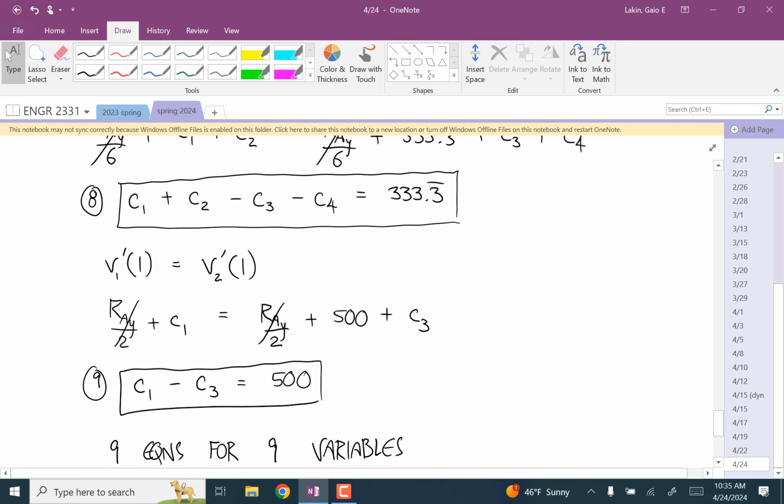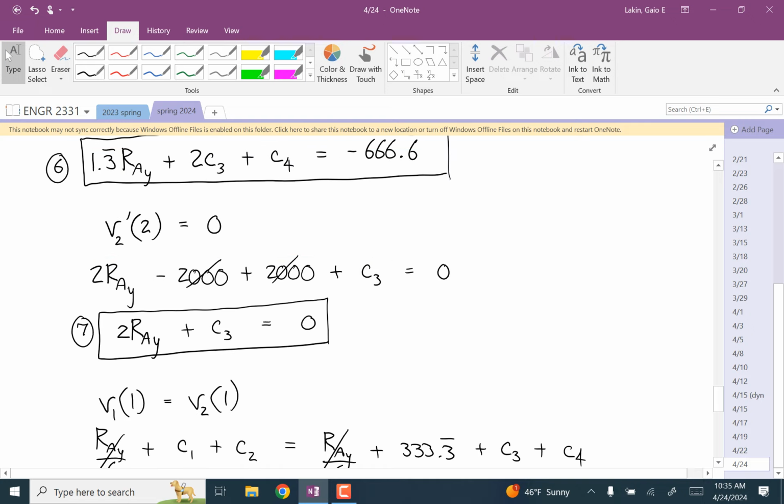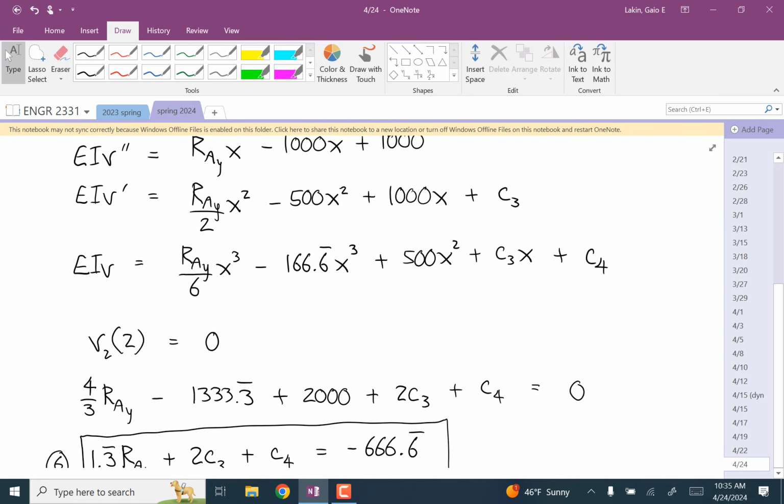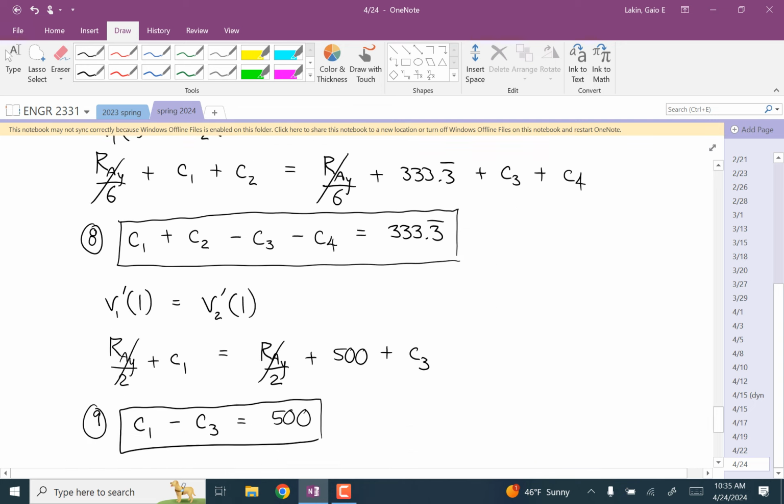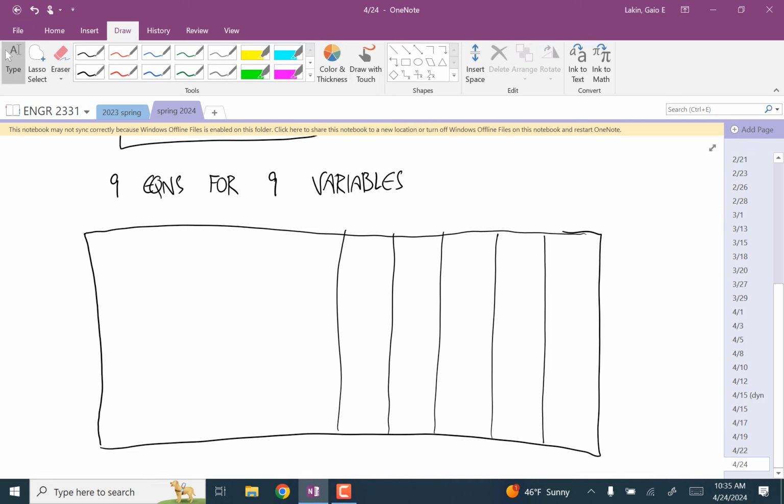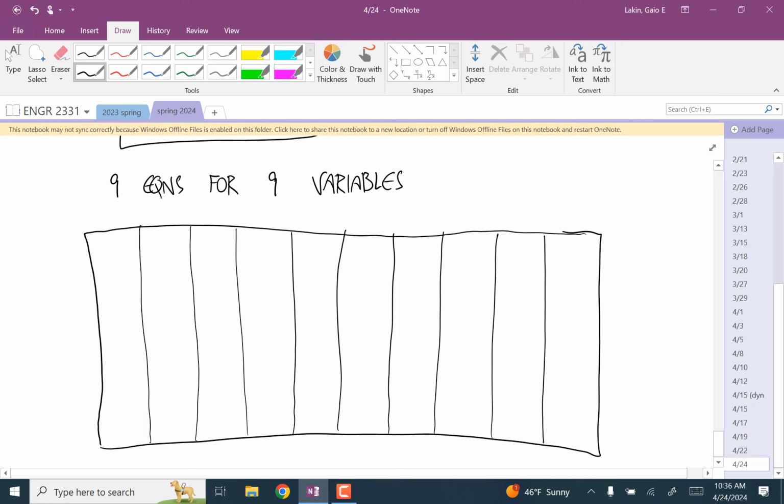In the 8th equation, so that came from the deflection, and so that was the 500 minus the 166. Yep. Okay, and 9, so.